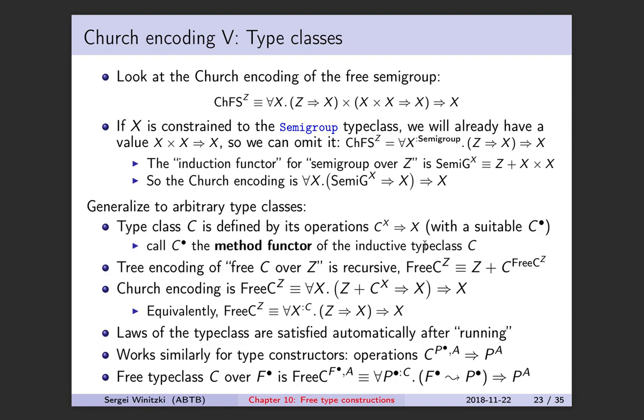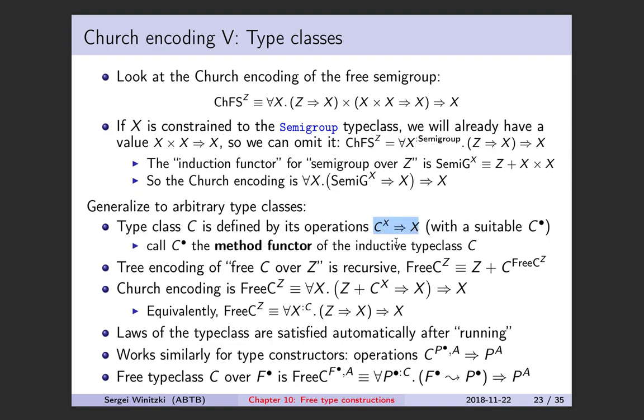Now, I would call the type class C inductive if such a functor exists. Why? Because it appears that we're defining values of x by induction. So if this functor is given, so this is some kind of container of some shape containing x, then we can derive new values of x using these operations.